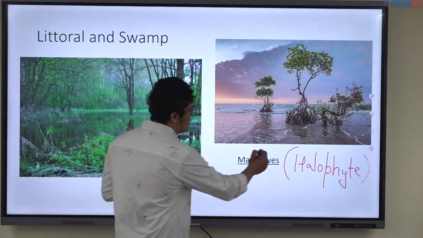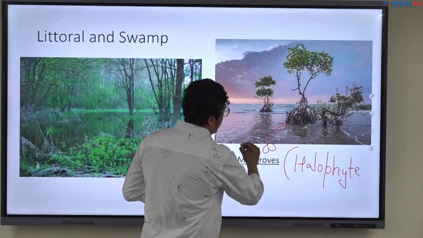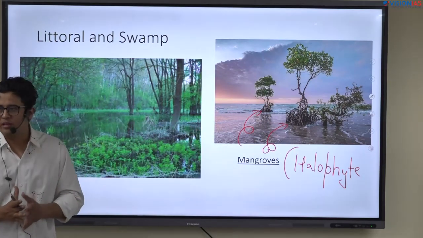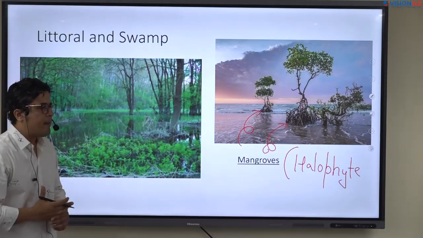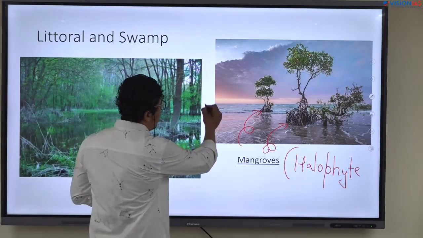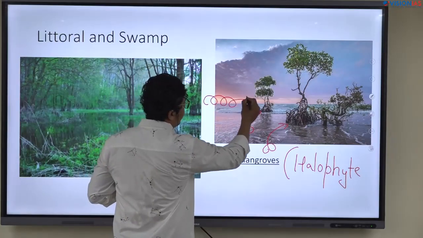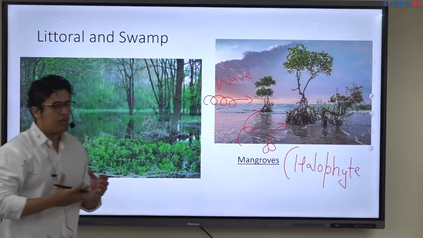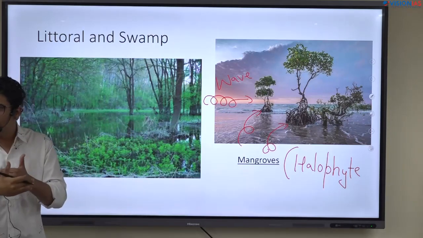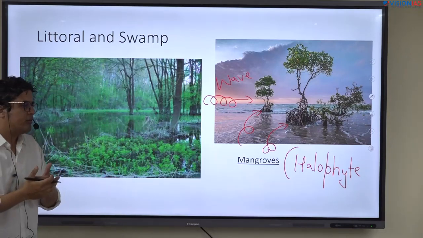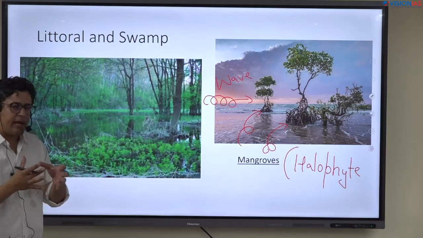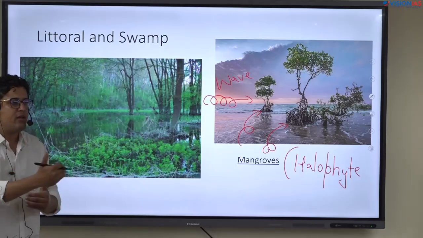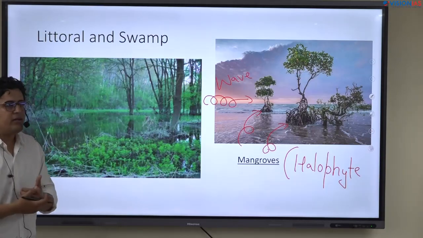Now look at this root system. They have an extensive, very strong root system. That is why mangroves are a barrier to high waves. If a high wave is coming to the coastal area, these mangroves will break that wave. They act as a barrier and protect the coastal area from floods or an increase in the water level.